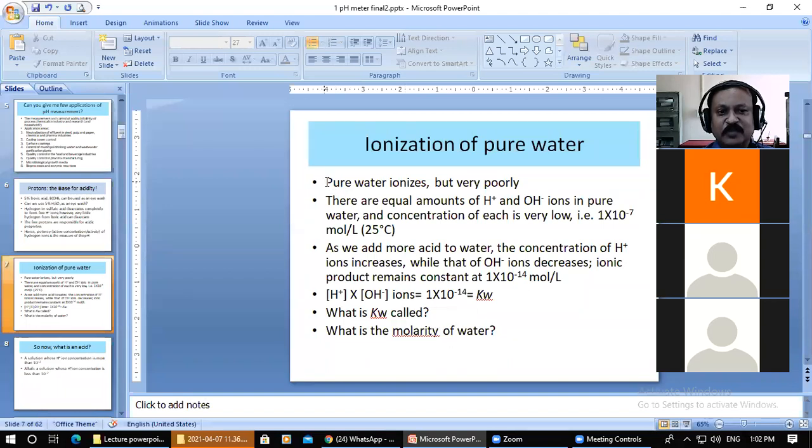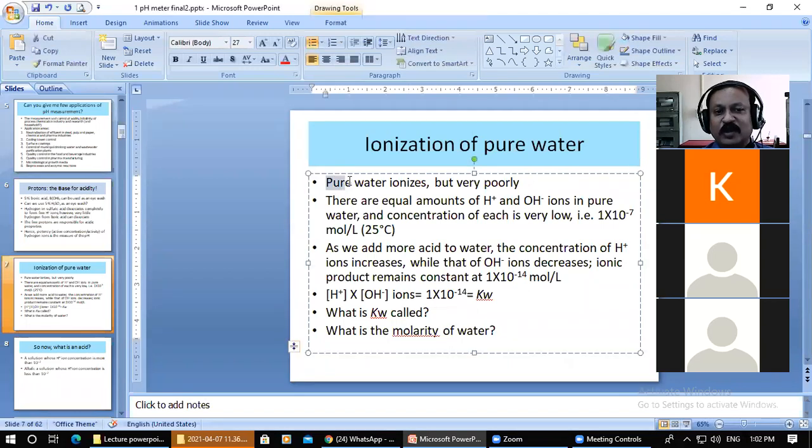I was telling you that pure water does not ionize completely. It will ionize to some extent, partially. In fact, we can say that pure water will ionize very poorly.